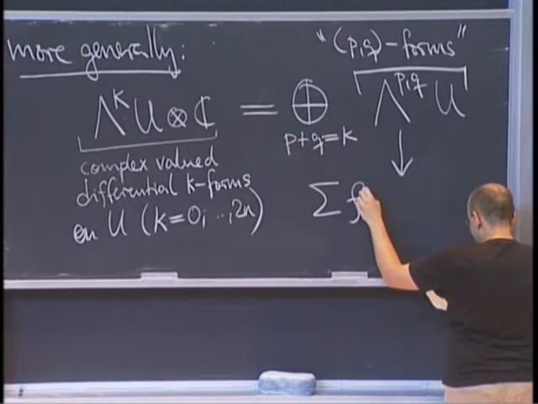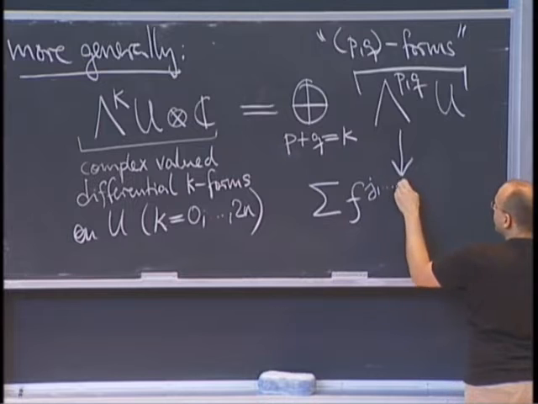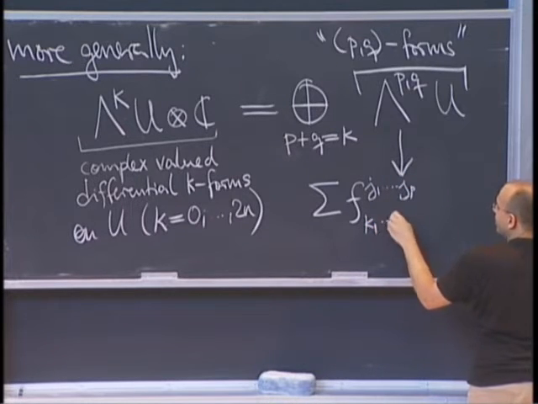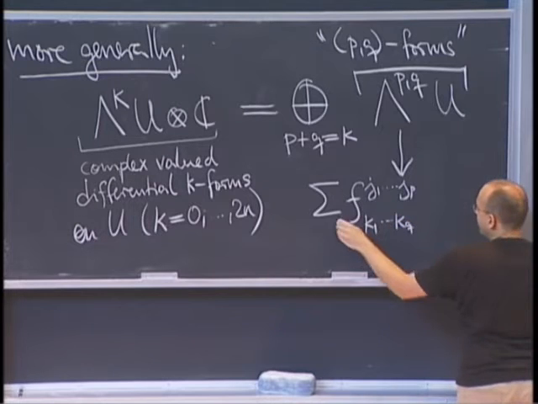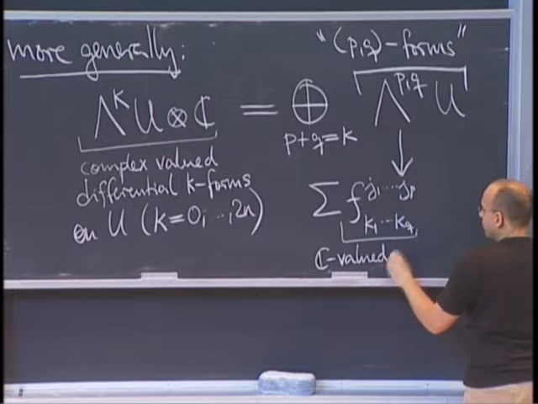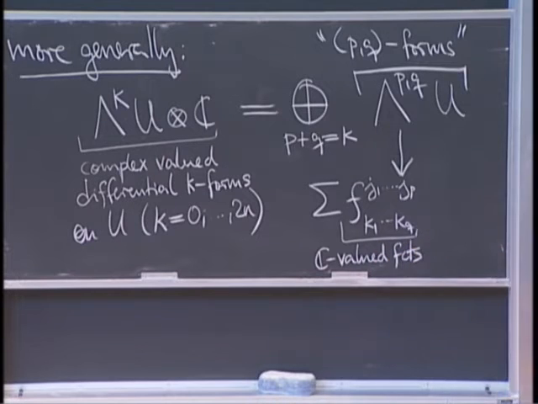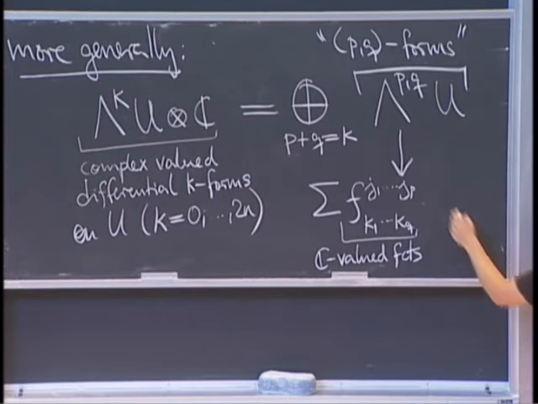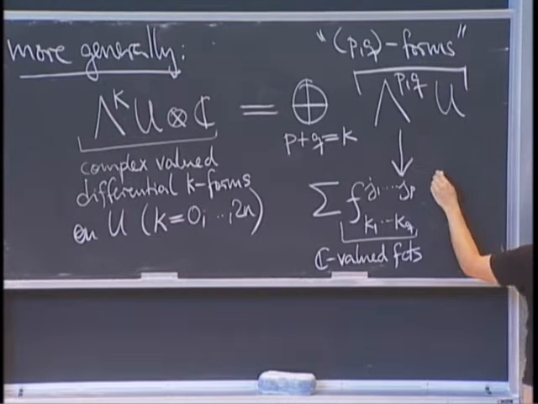What are my indices? J1 through Jp and K1 through KQ. So these are complex valued functions on my domain. And then I multiply that by sort of the basis forms, the indecomposable forms.